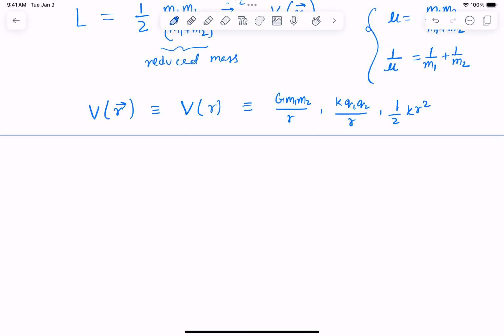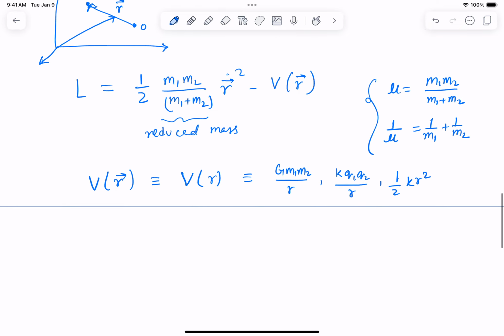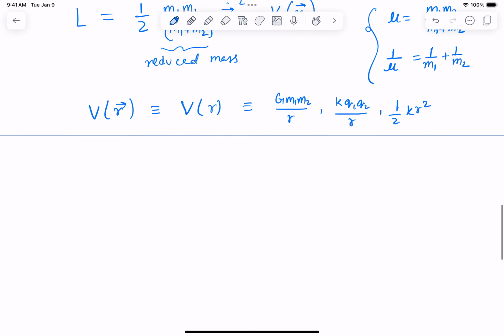So all these things only depend on the magnitude, so it is reasonable to have this approximation. We are going to make this approximation and then write our Lagrangian in terms of it.